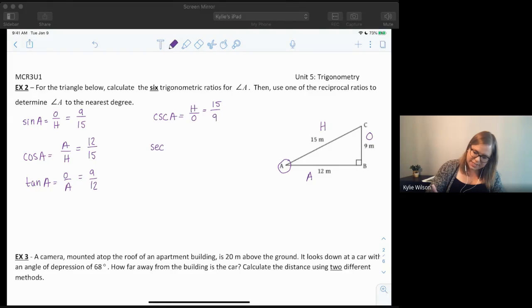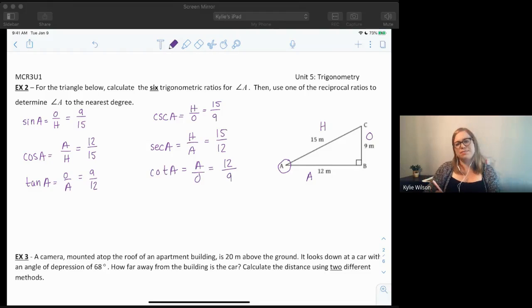Next, we'll find secant of A is equal to hypotenuse over adjacent, which is 15 over 12. And then we have cotangent of A is equal to adjacent over opposite, so equal to 12 over 9.